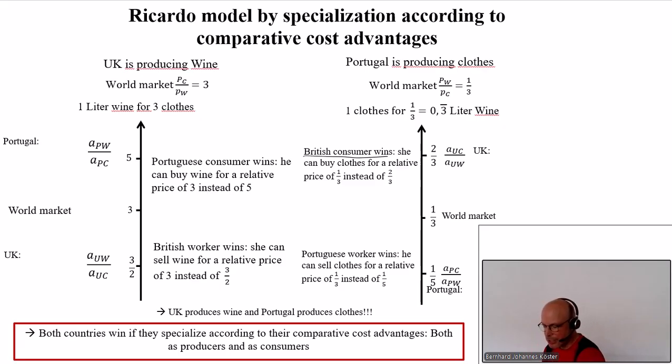Now, a British consumer wins because he can now buy clothes, the other way around, not for a price of 2/3, but for a price of 1/3.